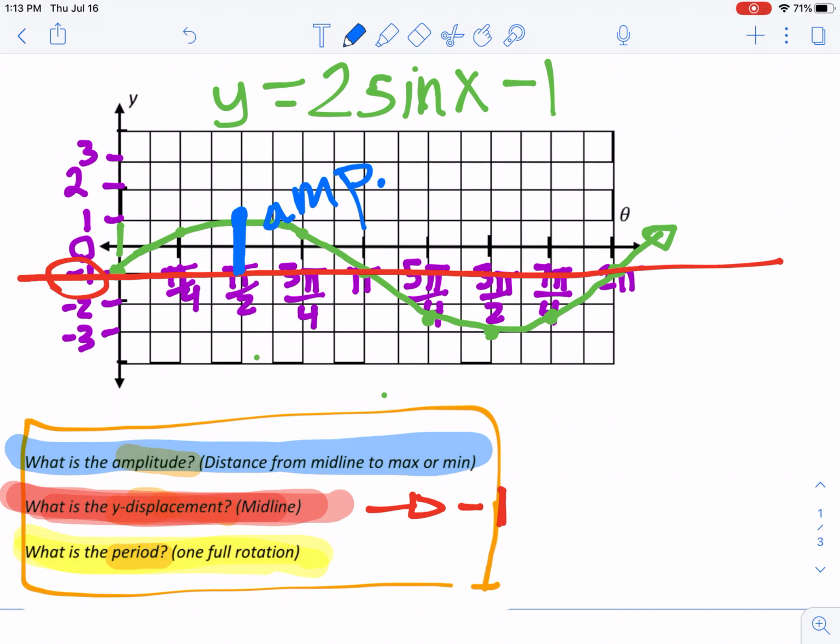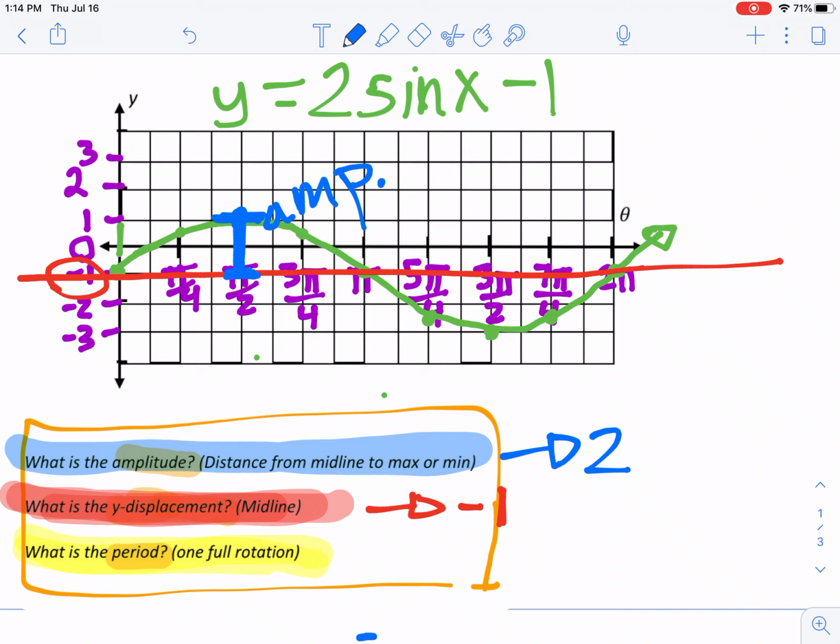That distance is from -1 up to the top right there, which is at +1. So from -1 up to +1, that is a distance of 2. So we are going to say our amplitude is 2. Now notice the definition says the distance from the midline to the max or to the min.